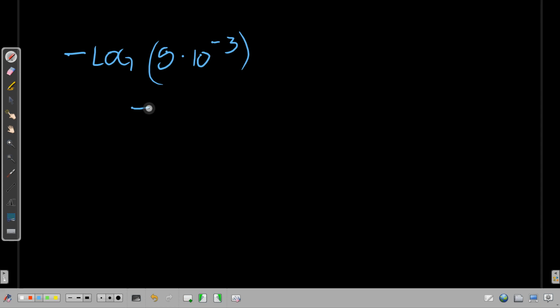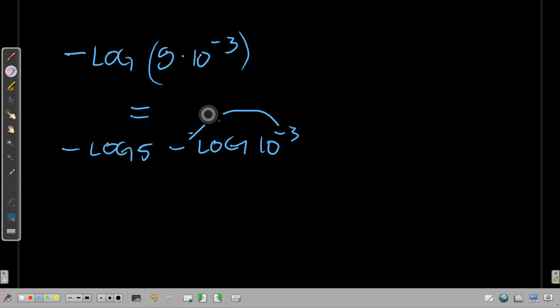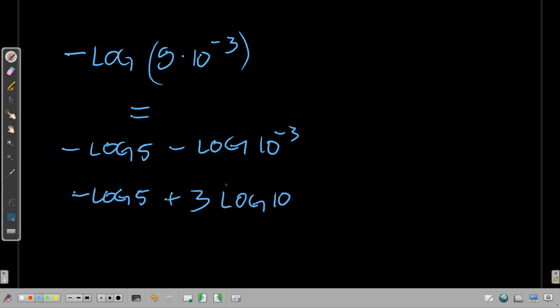Then logarithms map multiplication to addition. So you'd have minus log 5 minus log 10 to the minus 3. But then that minus 3 can just come down out front, and you'd have minus log 5 plus 3. Why is it plus 3? Because log of 10 is 1.